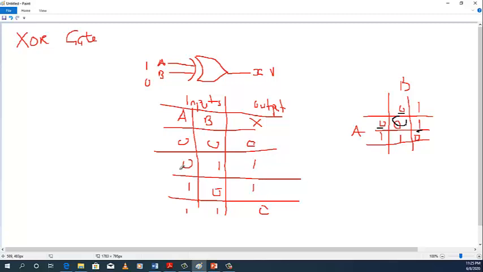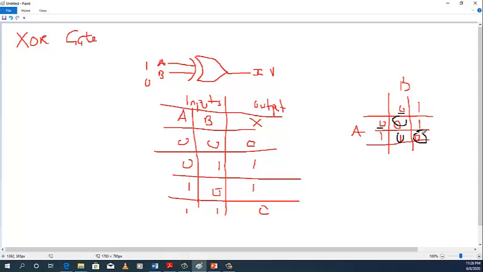If you input 1 here and another 0 here, we're going to get a 1. If you input a 1 and a 1, you're going to get a 0. So this is our truth table which you can use.